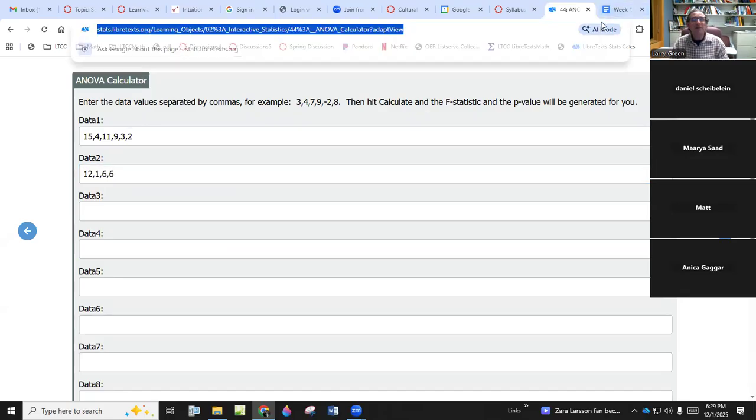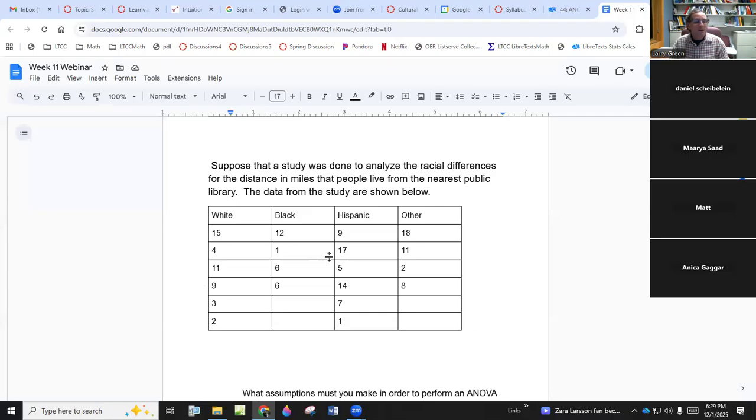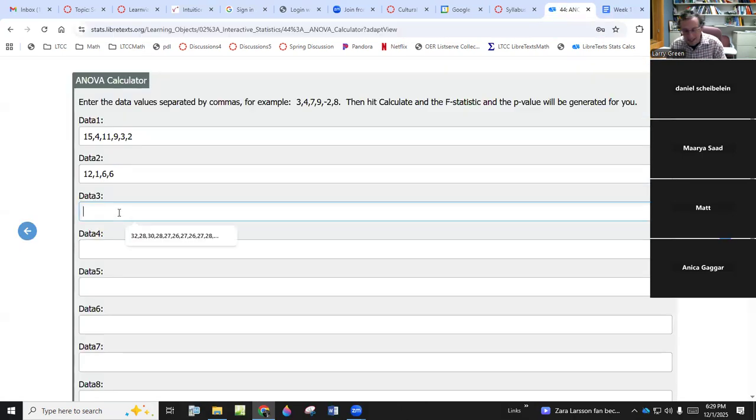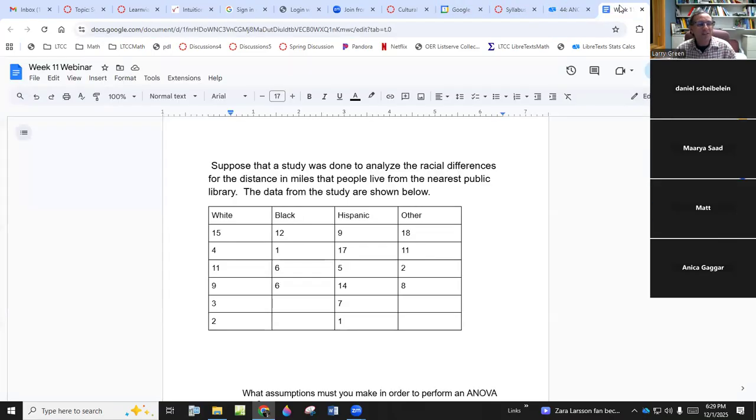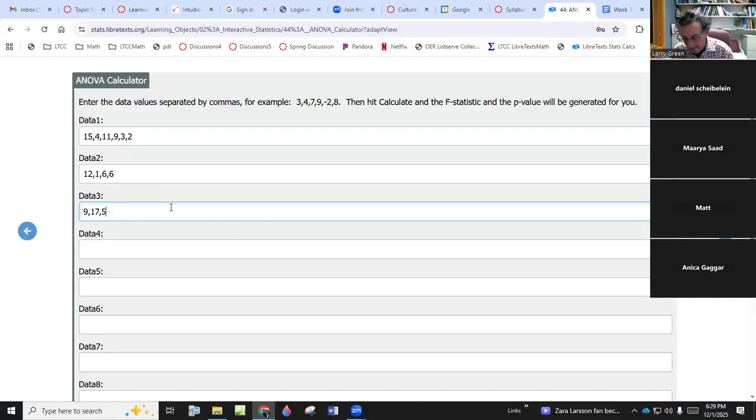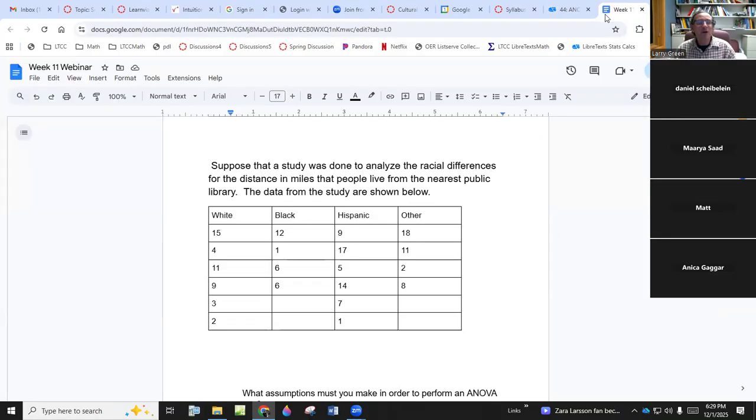Data 3 will be 9, 17, 5, 14, 7, 1. And data 4, 18, 11, 2, 8.